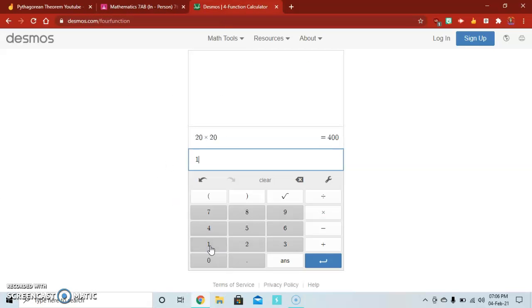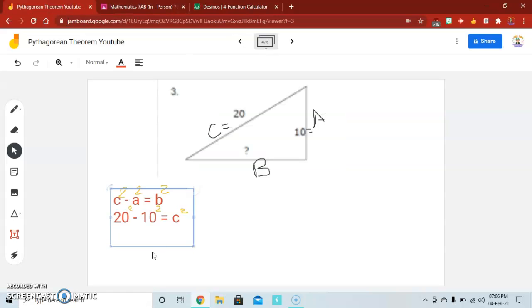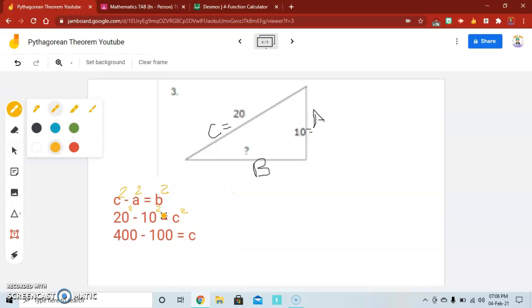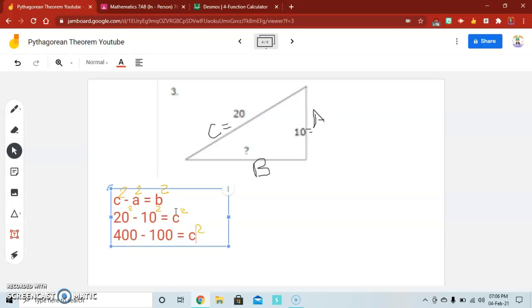And 10 times 10 is 100. So 400 minus 100 is equal to 300. As I said, 300 equals B squared.